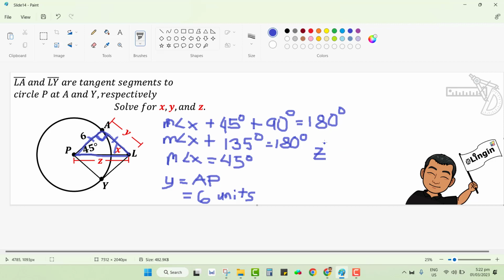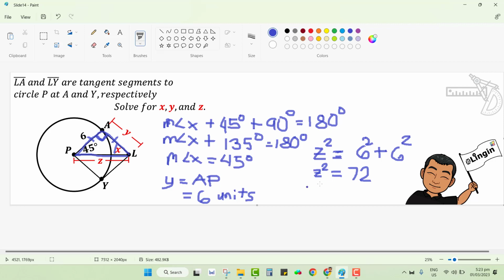Hence, we can use the Pythagorean theorem, which states that the square of the hypotenuse is equal to the sum of the squares of its legs. In this case, AP or PA is 6, and you get the square of it, plus the measurement of AL or y, which we already solved as also 6 units. This means that z squared is equal to 36 plus 36, which is 72.